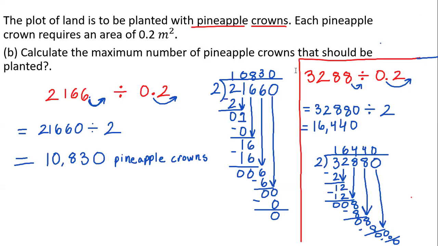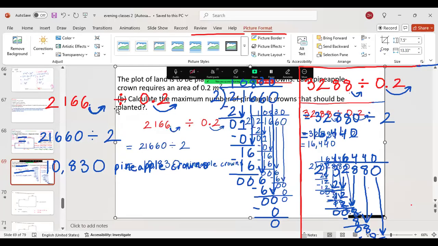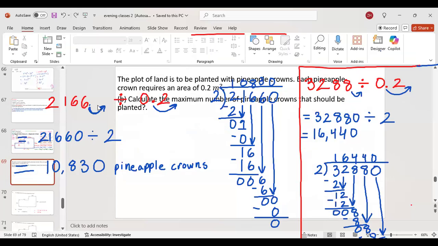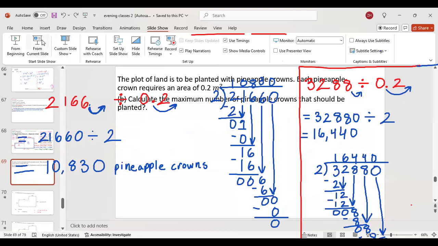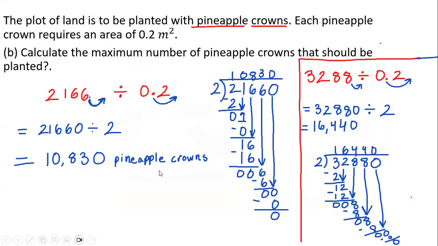So it's pretty easy. So let's go on to something that is, I don't know. All right, so let's go ahead and take a picture of your work and send it to me via WhatsApp. Okay, good.